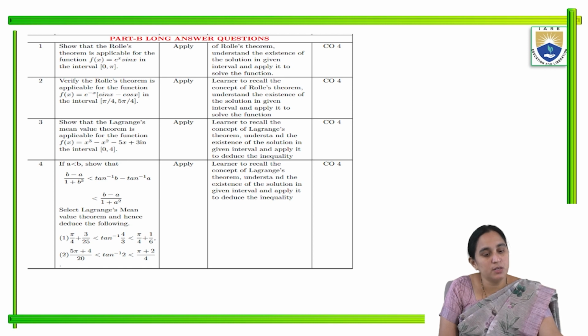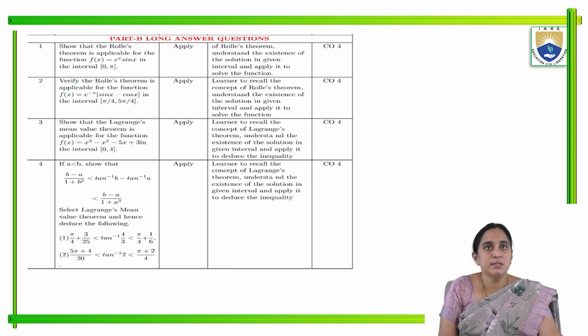First question: show that Rolle's theorem is applicable for the function f of x is equal to e power x sin x in the interval 0 to pi. We already discussed this in the first critical thinking question, with the same concept. Here we have to verify each and every condition of Rolle's theorem for f of x is equal to e power x sin x.